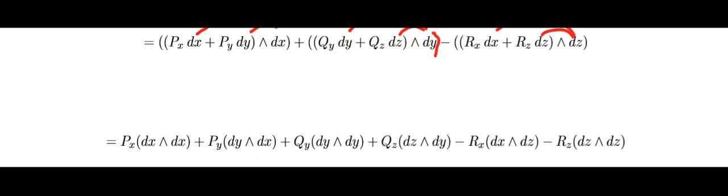So we see we have some partials of these functions times the wedge products of our basic one forms. We know from the properties of the wedge product that if we take the wedge product of a basic one form with itself, we're going to get 0. So that term is gone, that term is gone, and that term is gone as well.